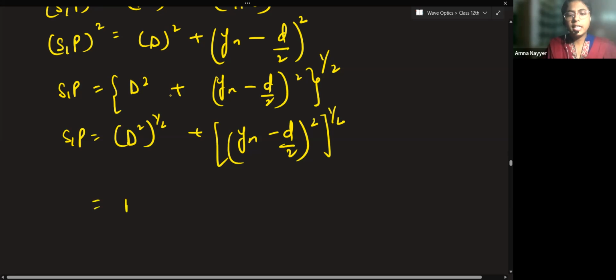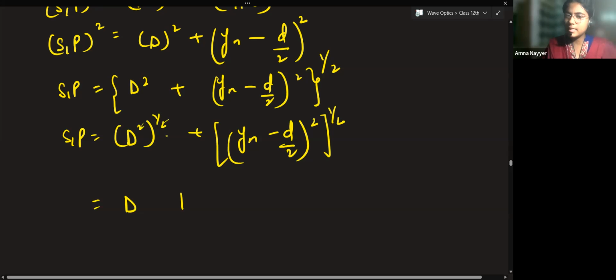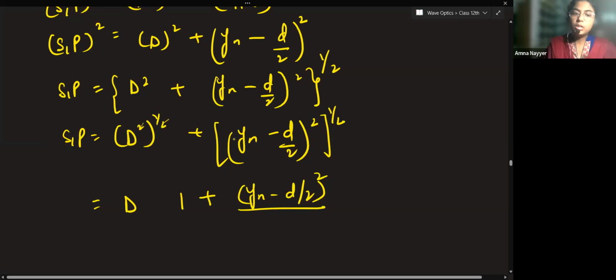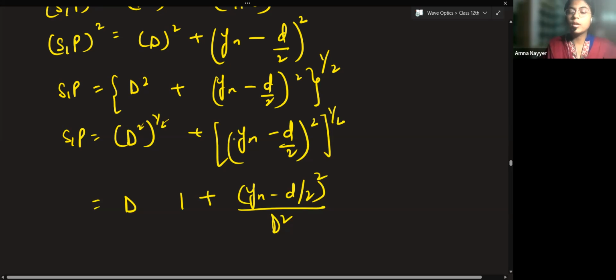If we take D common from here, what is left? 1 is left from this term, because D square gets cancelled. So 1 plus Yn minus d by 2 whole square, but in order to take D square common we have to divide this term by D square. Then only, when D square gets multiplied here, nothing will be left.